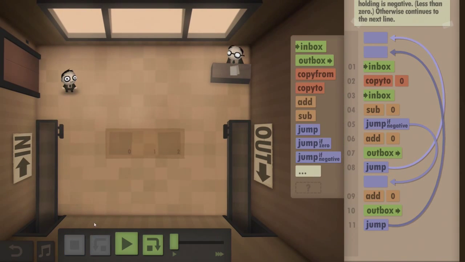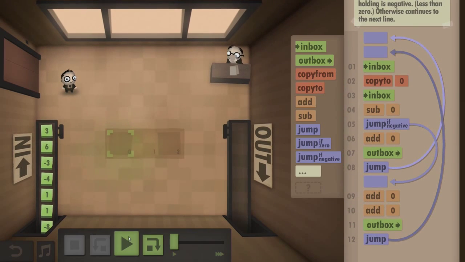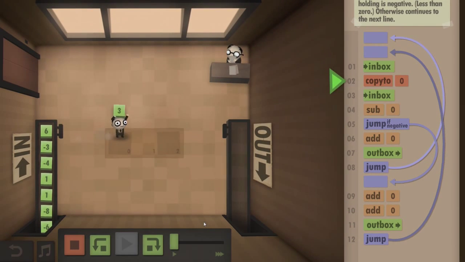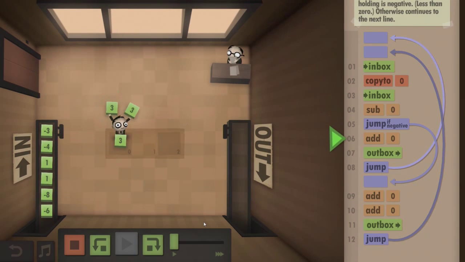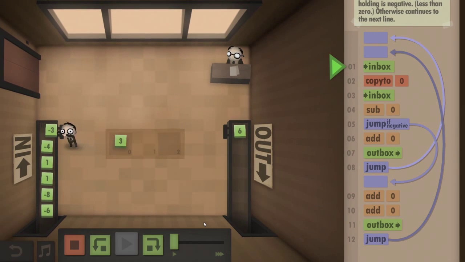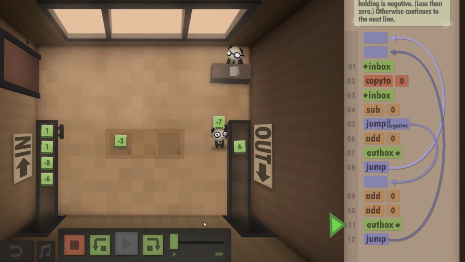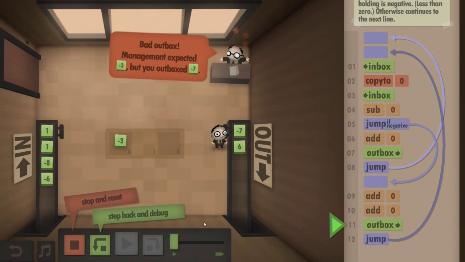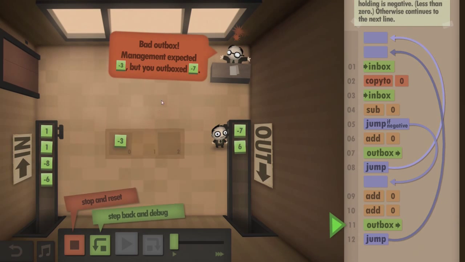What if I add it twice? Six minus 3. No, because it's thrown in a couple of minus numbers.